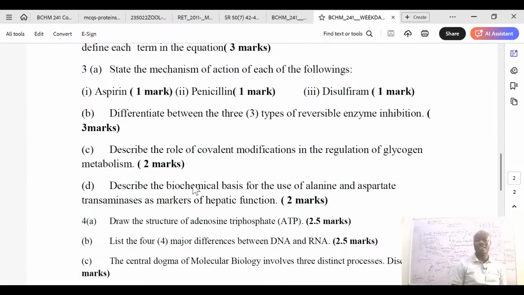We answered the mechanisms of action of aspirin and also that of penicillin, so you don't need to waste time since we have already answered that. You can go and check unless you have some issues.